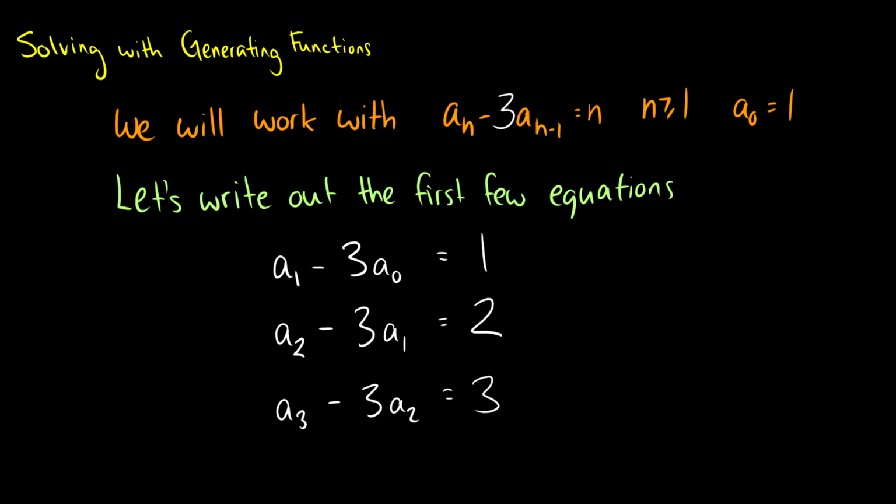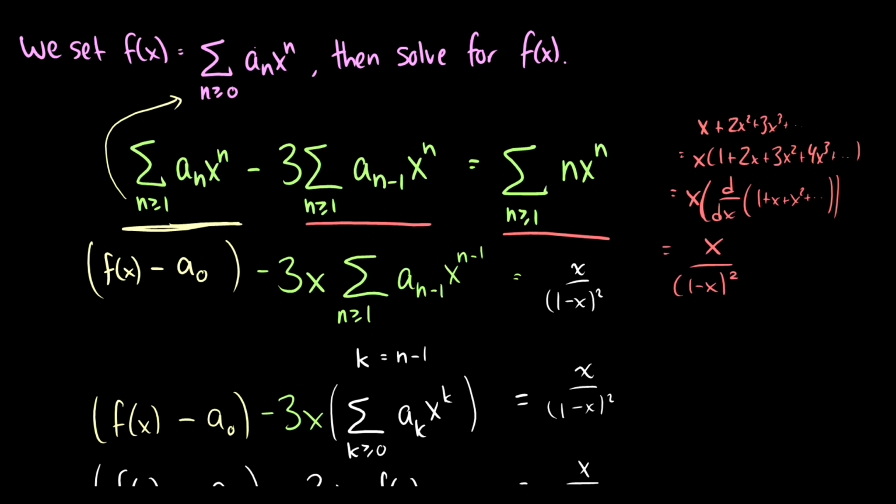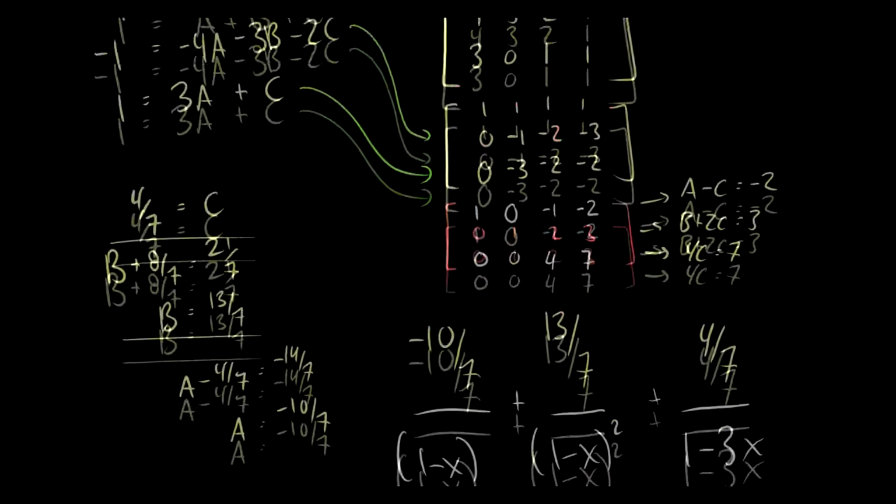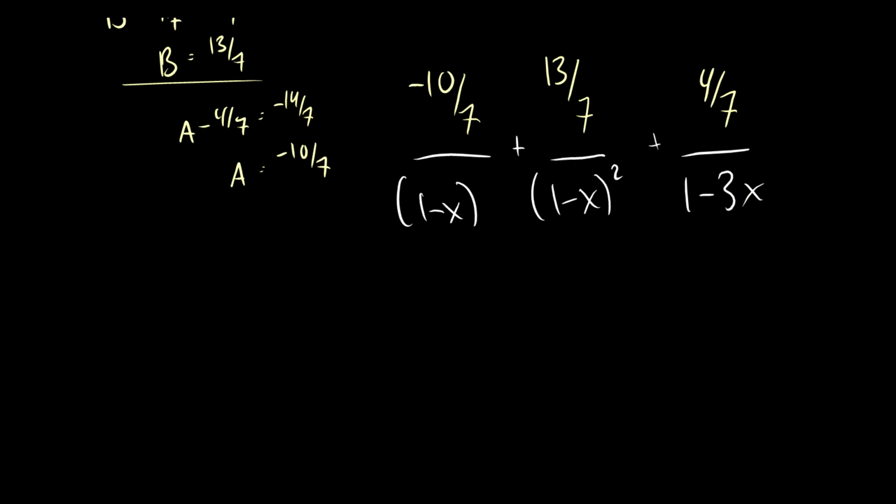So what we did was we found a generating function for that recurrence relation. So this right here is the generating function. So how do we solve it? We need to take the nth coefficient of this generating function.